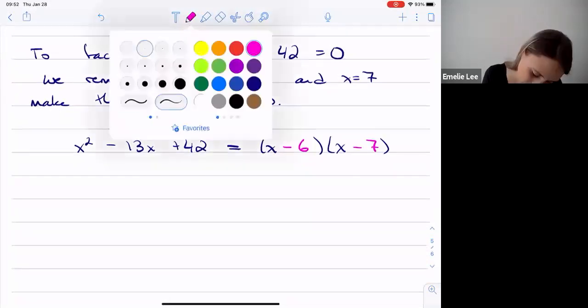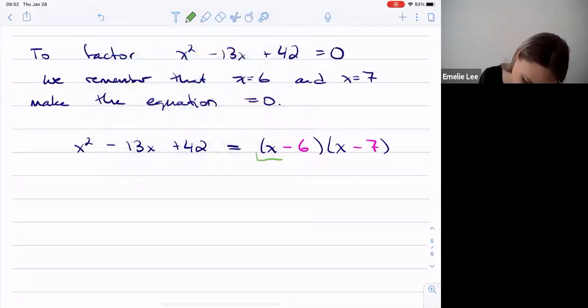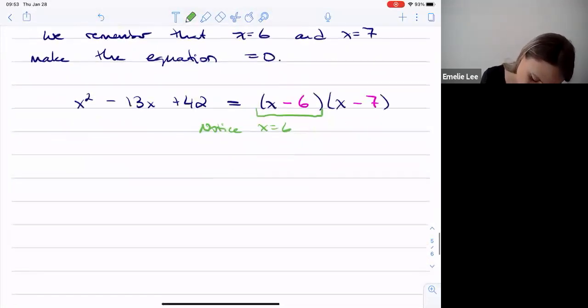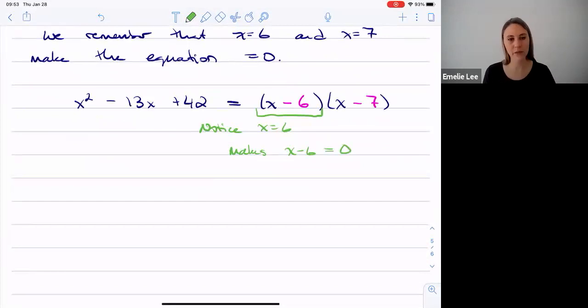So notice that x equals 6 makes x minus 6 equal to 0. 6 minus 6 is still 0. 0 times anything makes 0, and we're using that fact to factor this thing out.